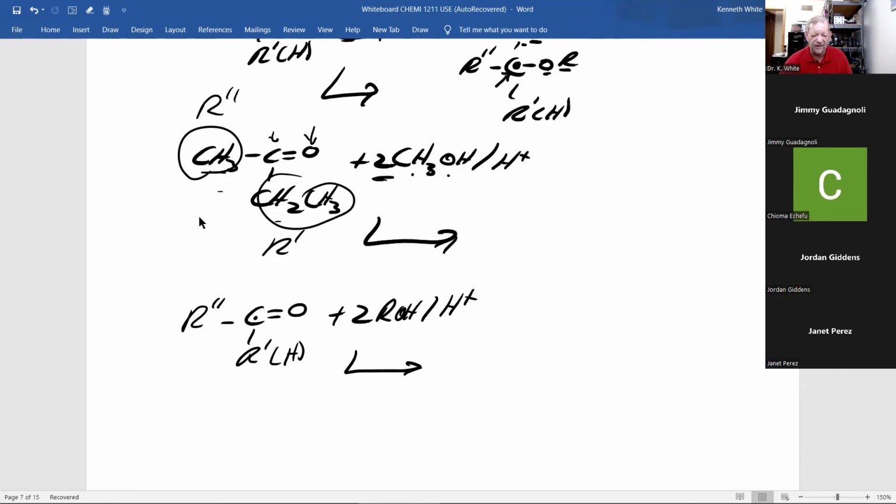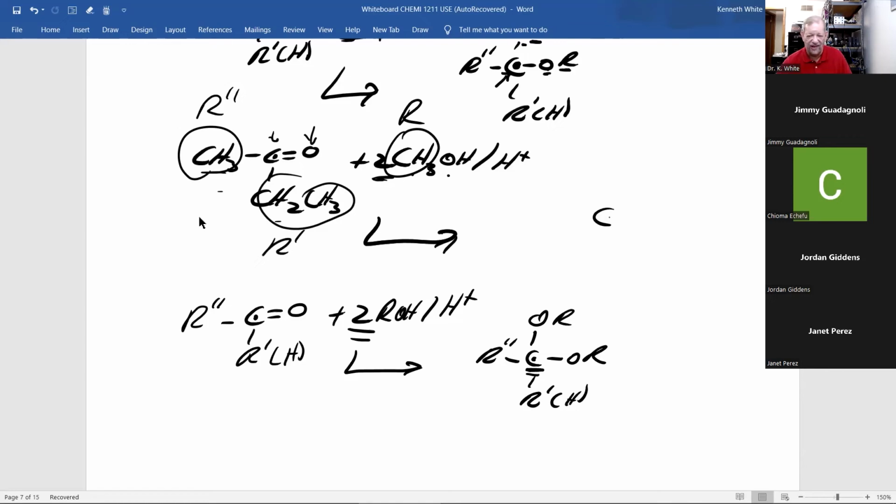Keep your eye on the carbonyl carbon. What's attached to it? R prime or hydrogen, and R double prime is still there. Now, 2 alcohols makes me say to that carbon, 2 oxygens, and then I have my R groups from the alcohol. And what's my R? Methyl. So this carbon right here is this carbon. Well, no, this carbon right here, which becomes this carbon.